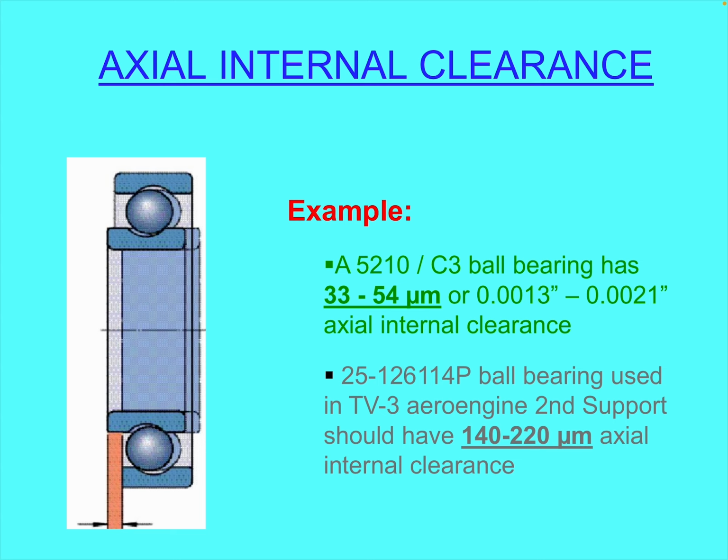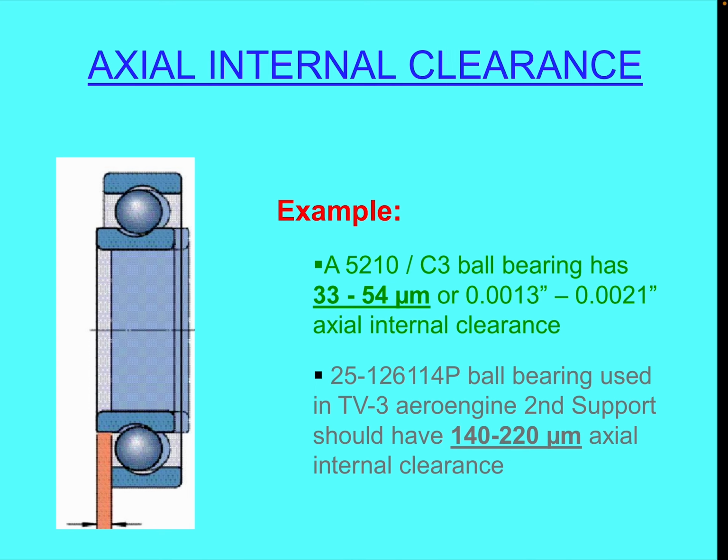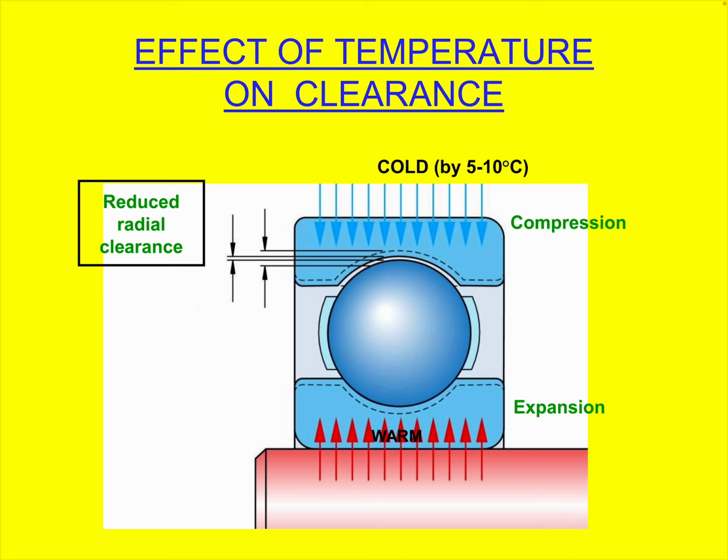The axial internal clearance explained for the A5210 C3 ball bearing is 33 to 35 microns. On some standards, ball bearings supporting loads have 140 to 240 microns axial internal clearance. These are some examples.